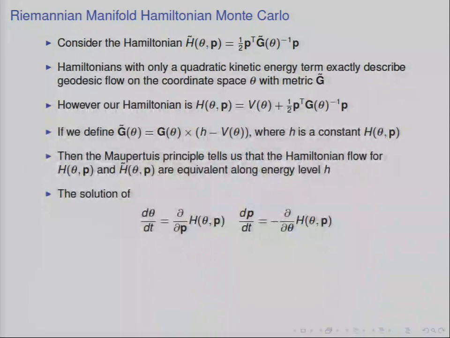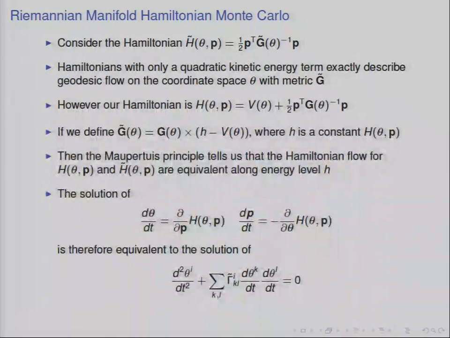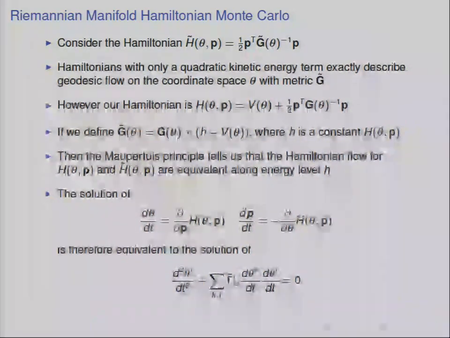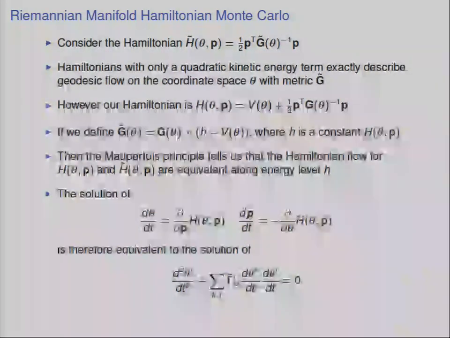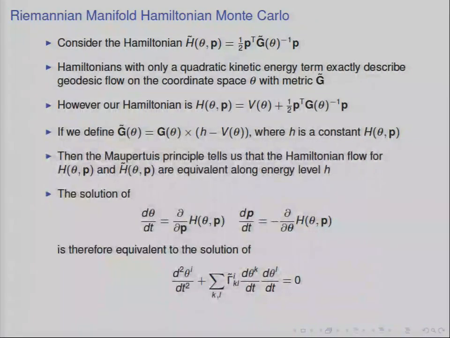So, although we don't have a global result, we have a local result that the geodesics and the Hamiltonian flows coincide on a particular energy level, on a particular probability isocontour. So if we solve Hamilton's equations, we are in actual fact solving this second order system of differential equations defining the geodesics, where now the connection is related to the scaled metric tensor.